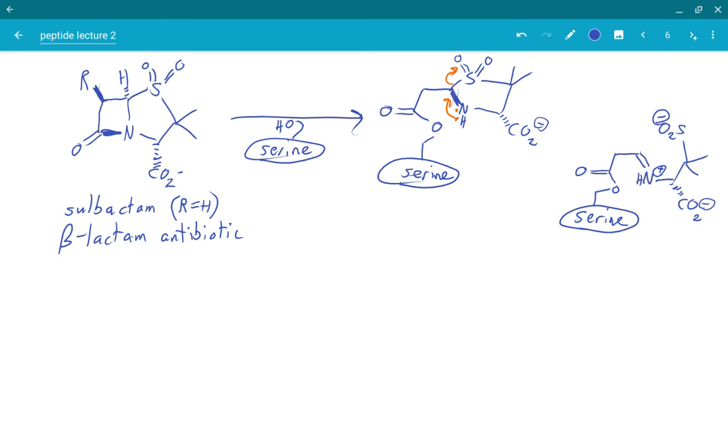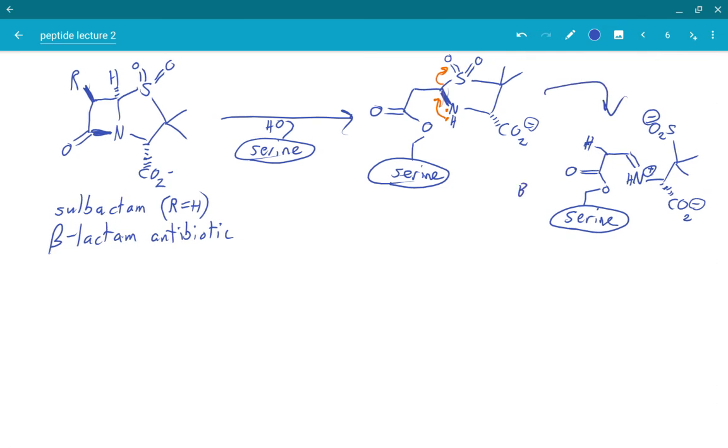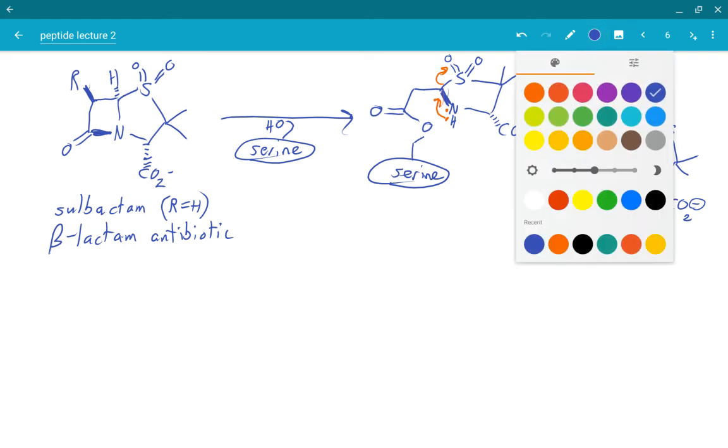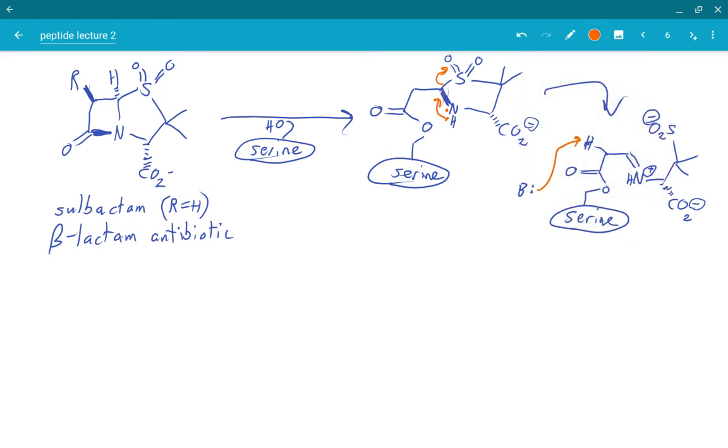But then now this imine, together with the carbonyl, has made this an extremely acidic CH bond. And so the next thing that's going to happen to this compound is that I'm going to have a base that's going to deprotonate here to neutralize that charge.